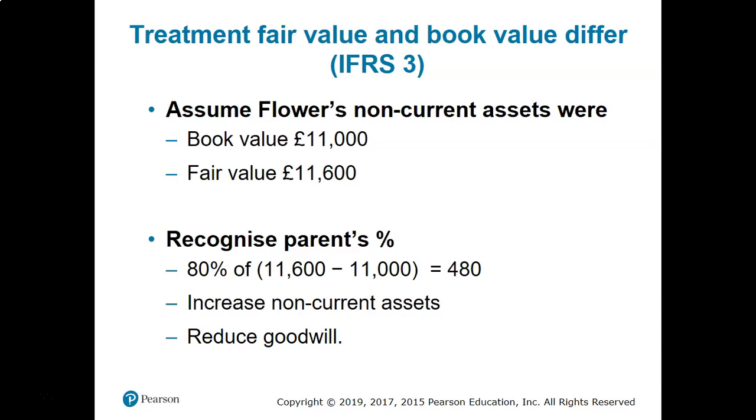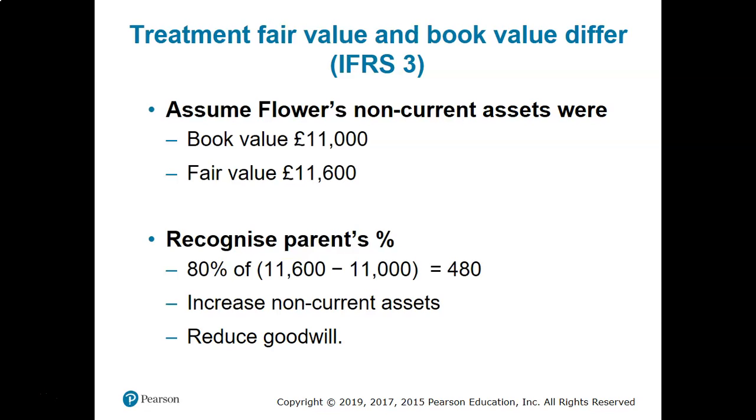In that case, the parent's share of this 600 would be 480. So 600 times 80%, 480. That means the parent is getting more increase in non-current asset. So if the parent is getting more, that means the goodwill will reduce.